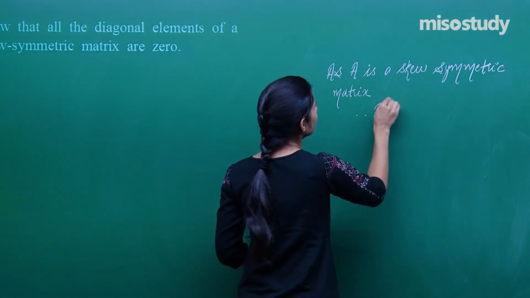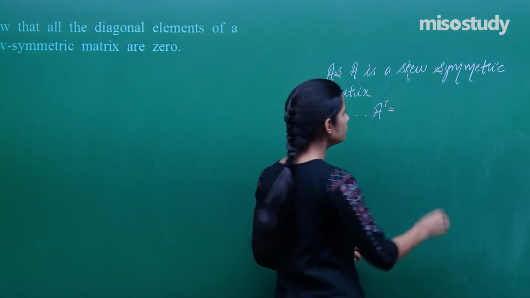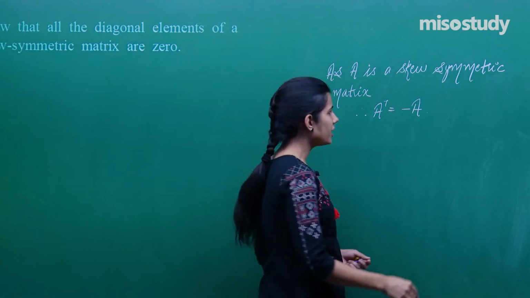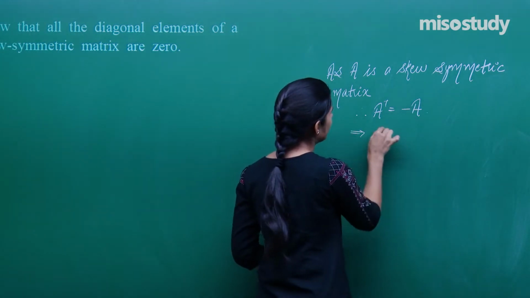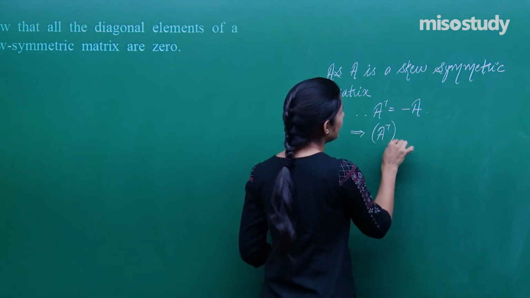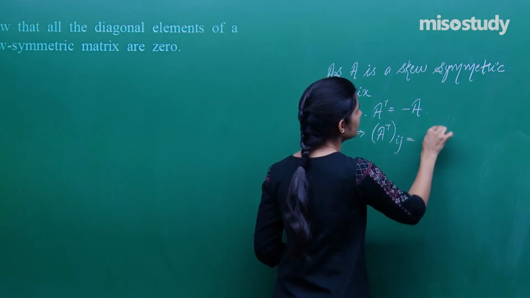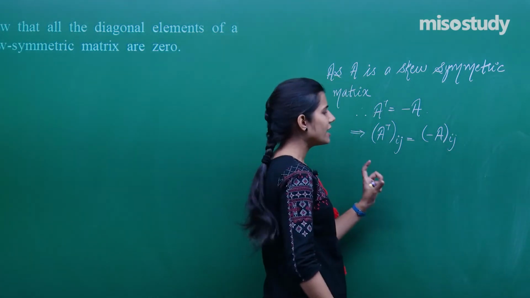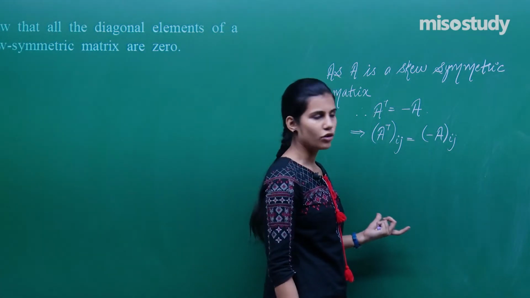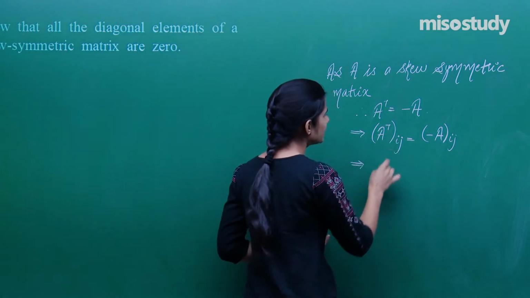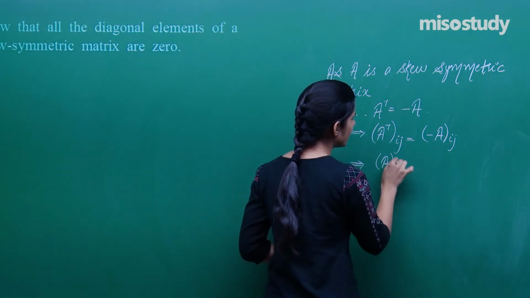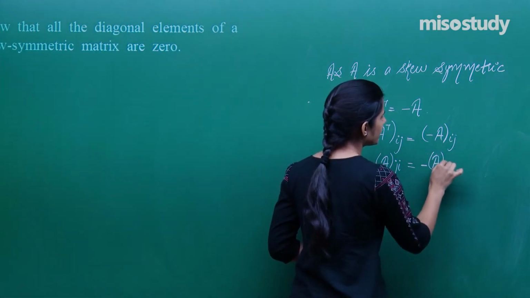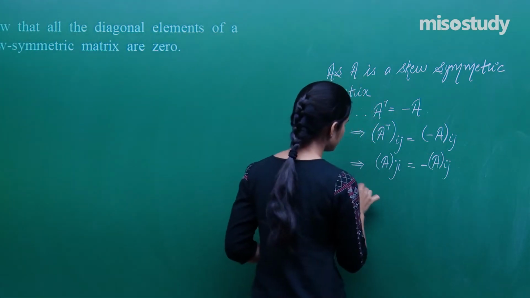Therefore, transpose of A is equal to additive inverse of A. That means, as I had just written, A transpose's ijth element is equal to minus A's ijth element for all ij varying from 1 to n if n is the order of A. A transpose's ijth element is A's jith element and minus A's ijth element is minus of A's ijth element.